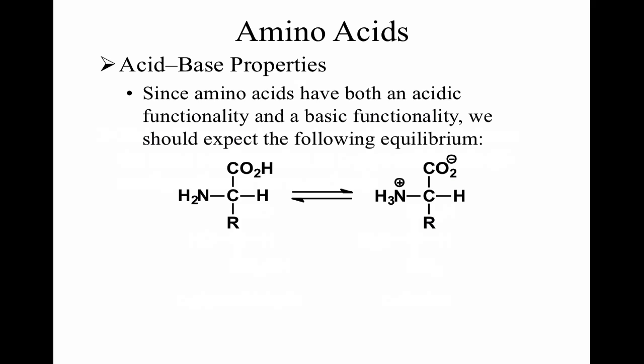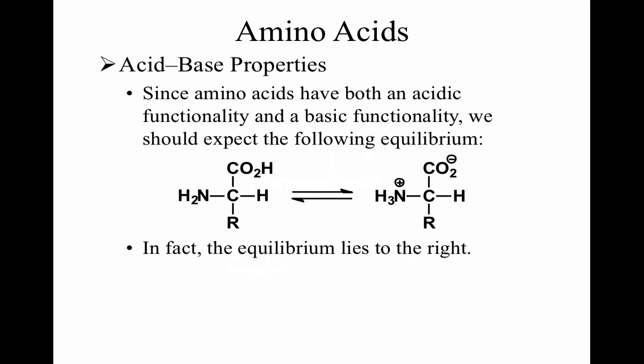And these zwitterionic forms, as we talked about before, right, are overall electrically neutral. They don't move in an electric field, right? And so we can't separate them in this form based on electrophoresis that we talked about yesterday. Fact is, we know this equilibrium lies quite to the right.